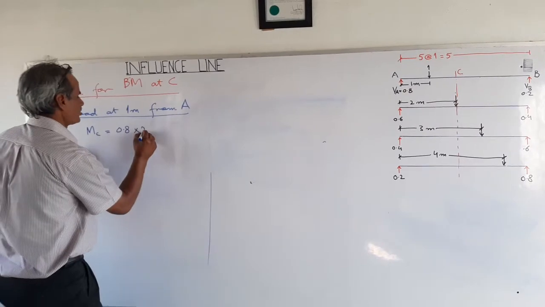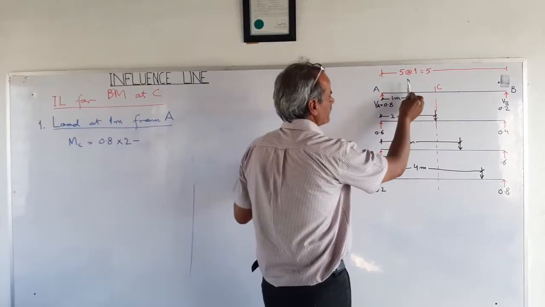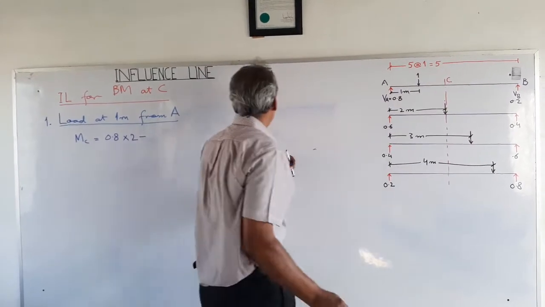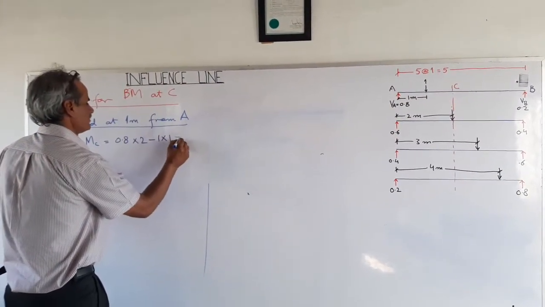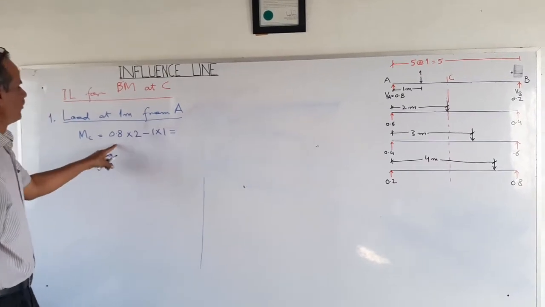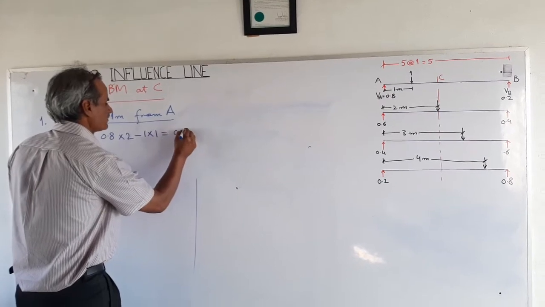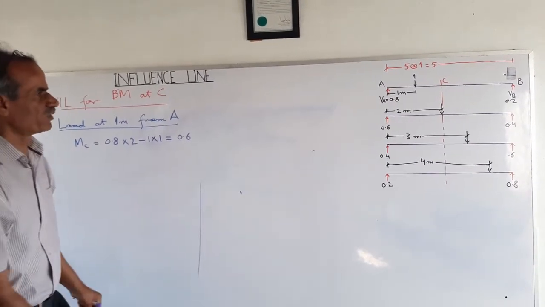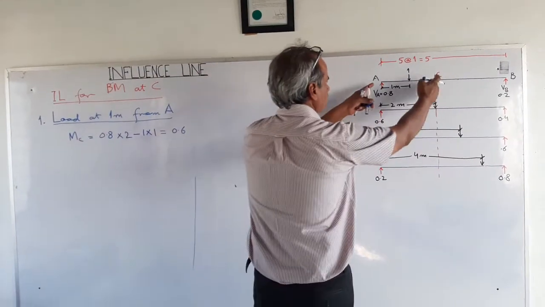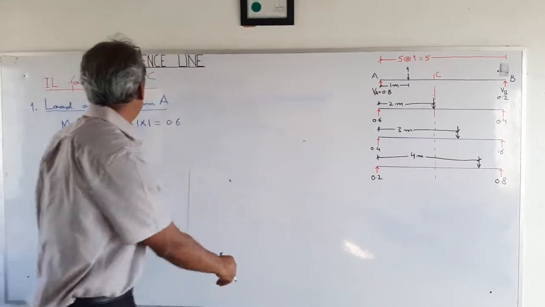So multiplied by 2 minus the second is the unit load on the left side of it, and its moment arm is 1. So 1 multiplied by 1. So this is 1.6 minus 1 is equal to 0.6.